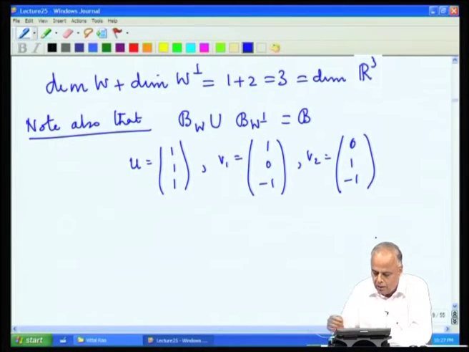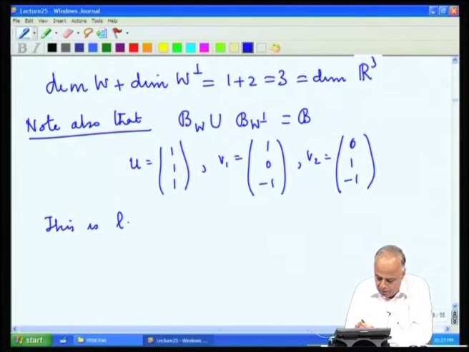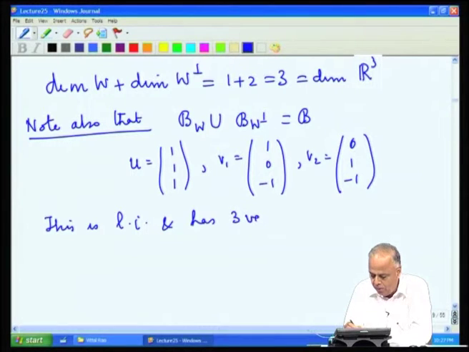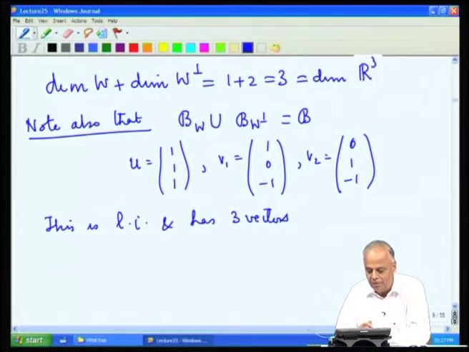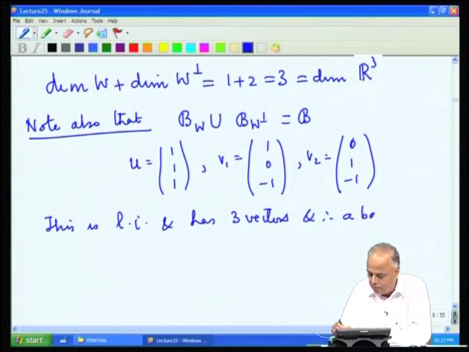And this B is linearly independent and has 3 vectors, and we know that in R3 any linearly independent set having 3 vectors is a basis, and therefore, a basis for R3.